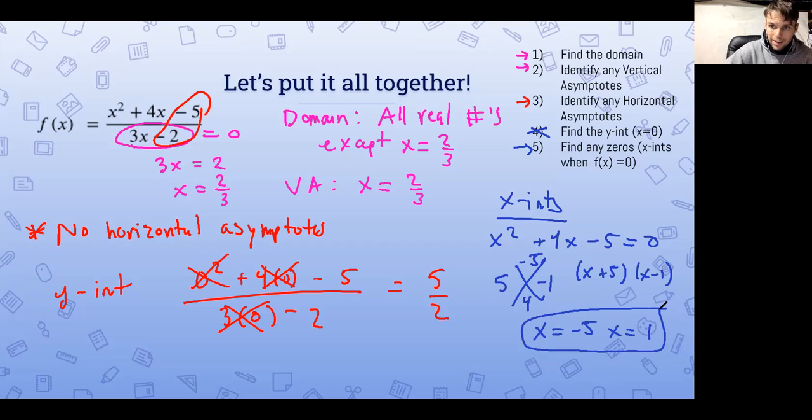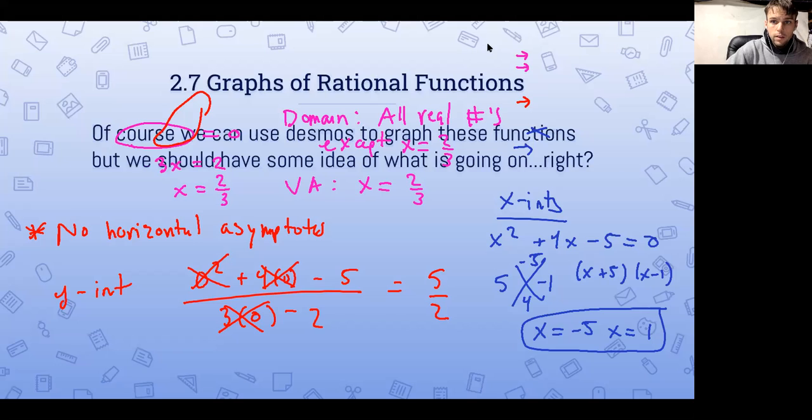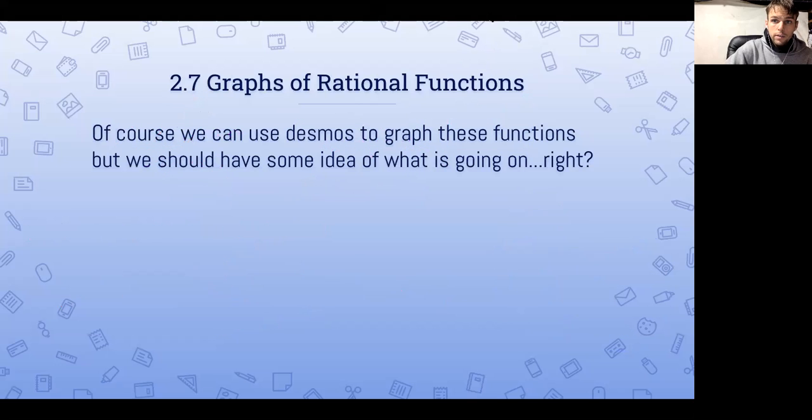These are our x-intercepts. All that's going to go together to help us make a sketch of these graphs. Now, obviously, we can use Desmos to graph them, but understanding where they come from algebraically is also valid, also something I'm going to ask you to do. All right, we're going to stop right there, and I'll see you guys in the second part, 2.7.